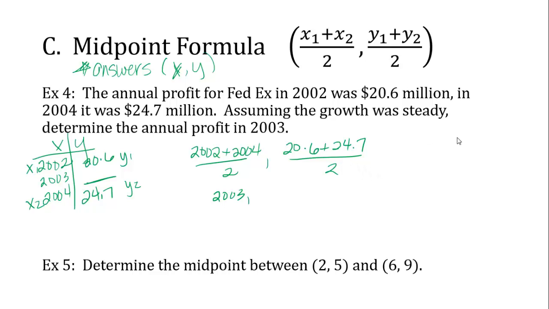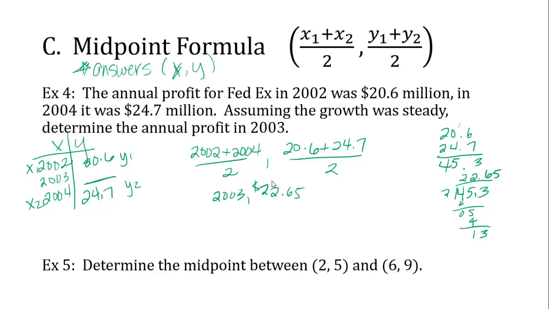Order of operations says you have to add first. Don't forget your order of operations. So I have 45.3 divided by 2. I get 22.65. Okay.